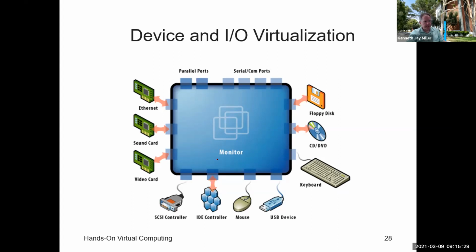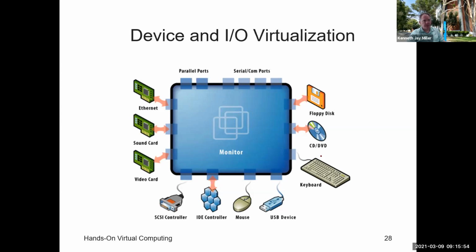But we can do IDE controllers. We can do the ancient parallel ports, serial ports, floppy disks. So if we just do a default install, it may install a floppy disk, which is very archaic, or even the older, rarely used CD, DVD drive. And then away we go with the different components.